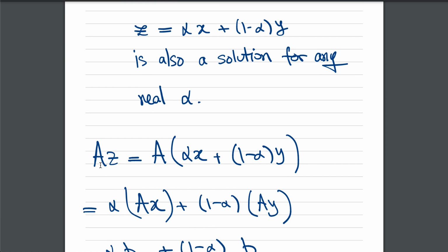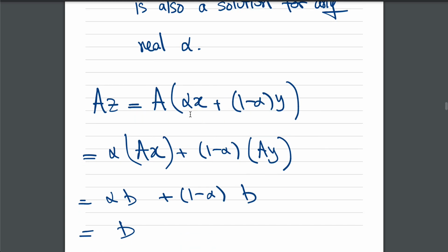Just check it, plug it in. Az is A times alpha X plus 1 minus alpha Y, and since alpha is a scalar, you can take it out. So you have alpha AX plus 1 minus alpha AY.